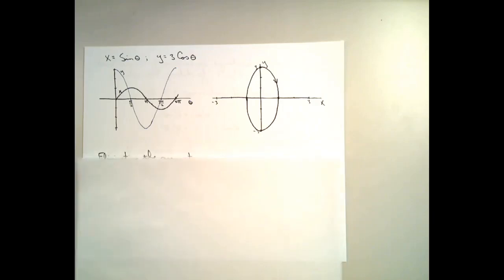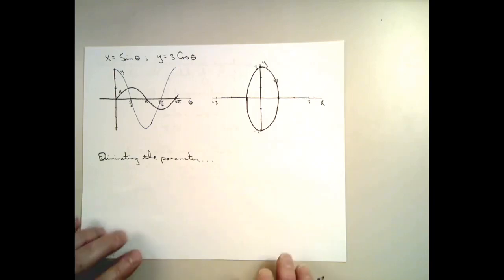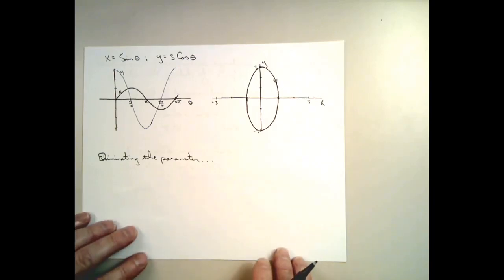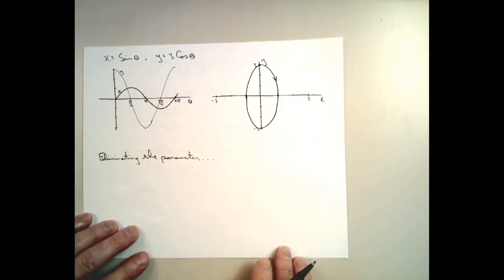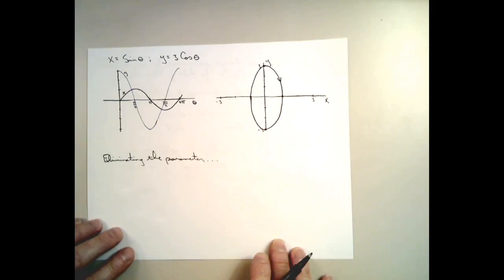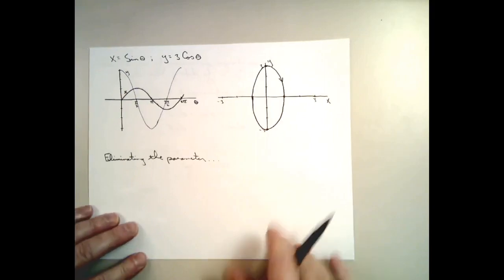All right. How would we eliminate the parameter for this particular pair of parametric equations? Well, there are a couple of things we could do, some neater than others.